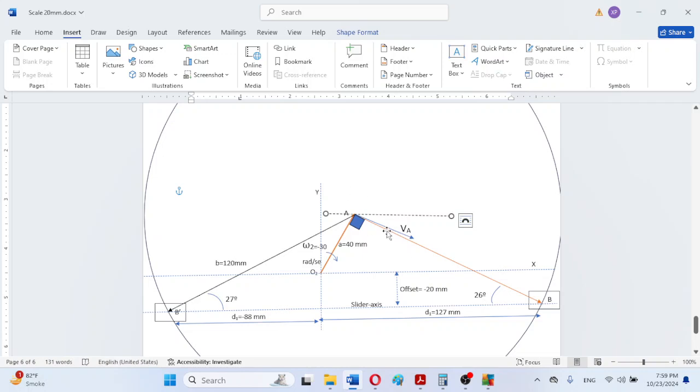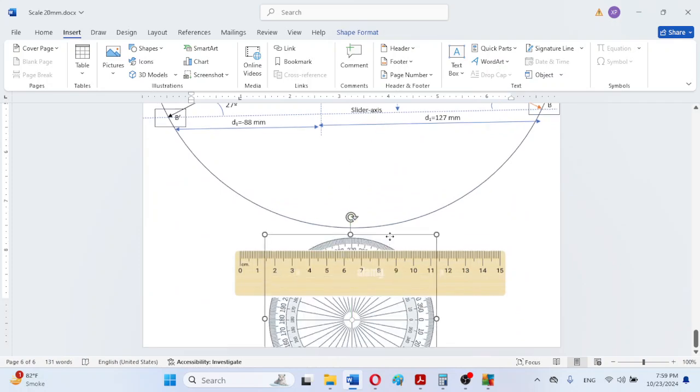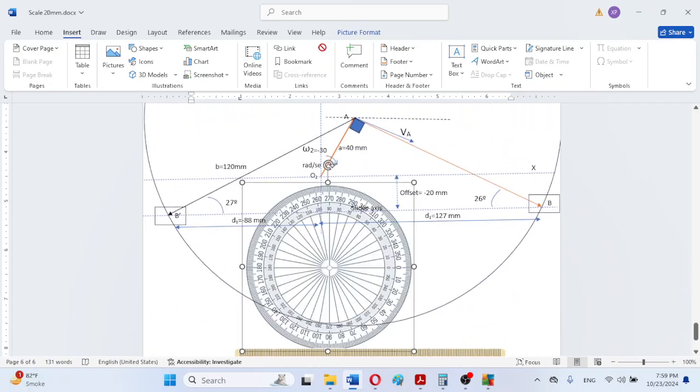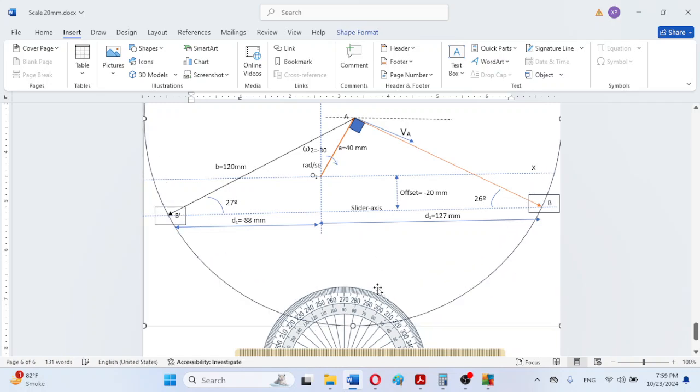Now we can measure with the help of the protractor the angle between this VA and this horizontal reference. So we can place the protractor here like this.